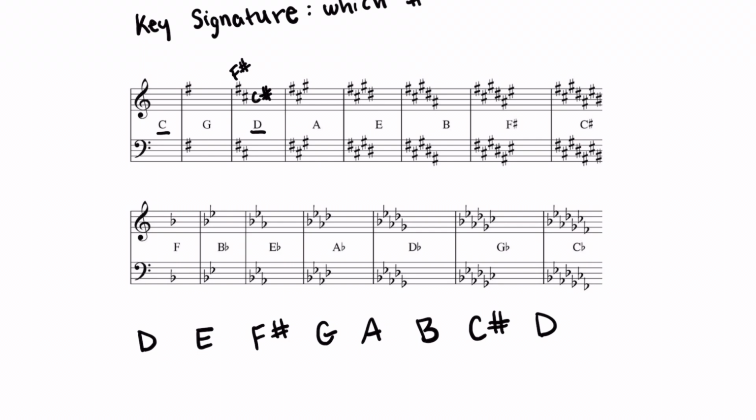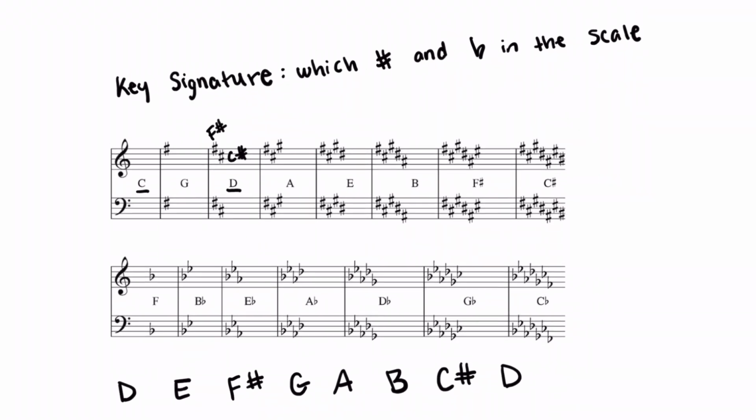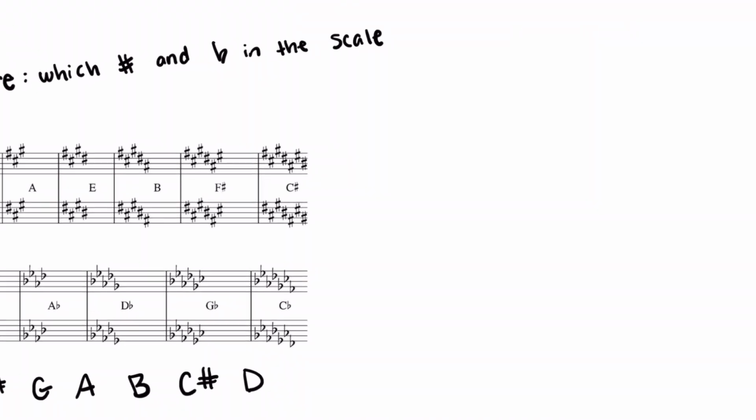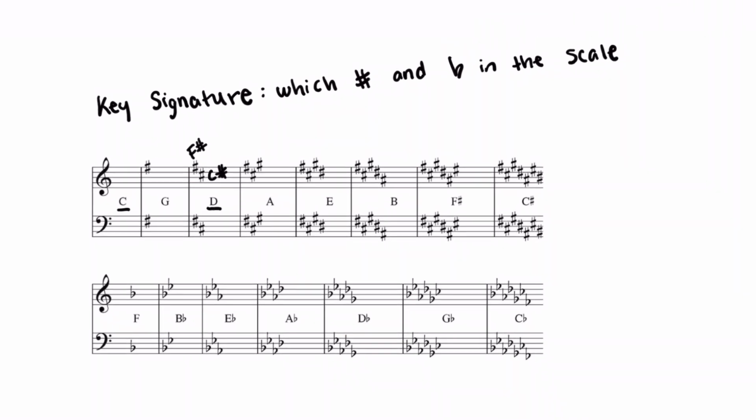Let's do another example. How about, let's do a flat key. Let's do E flat. So let's erase this down here. Whoops, going crazy with the screen. And let's pick a different color. Let's do red.